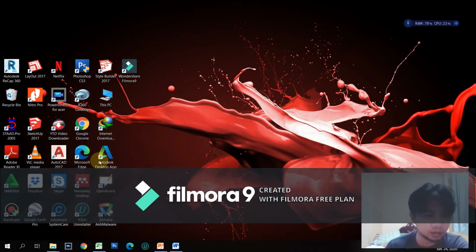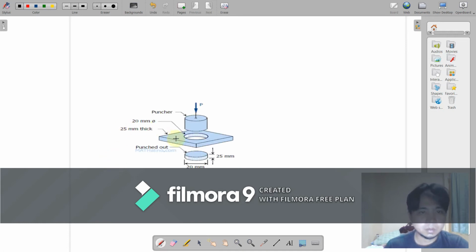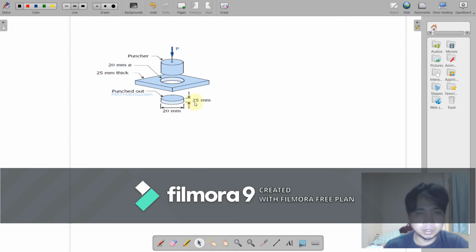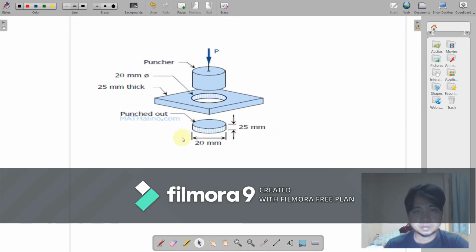Okay, so we see the illustration. Perhaps we can enlarge this one. Recalling our knowledge in shearing stress, it is cutting the member. So this is a cutting force actually.